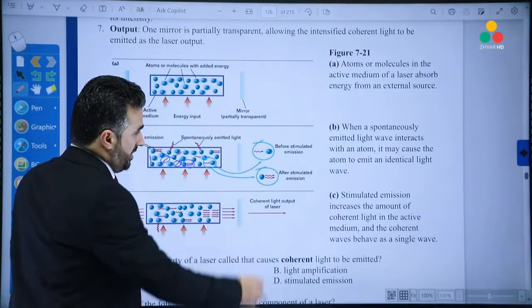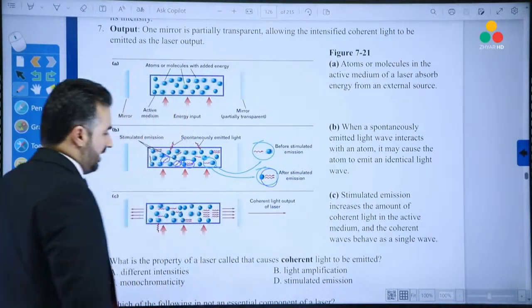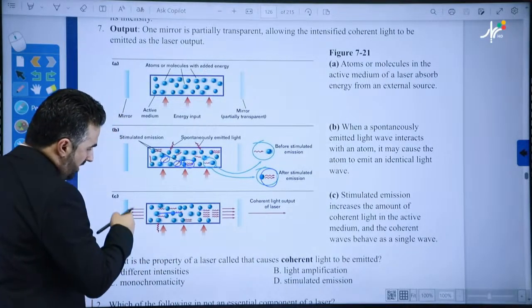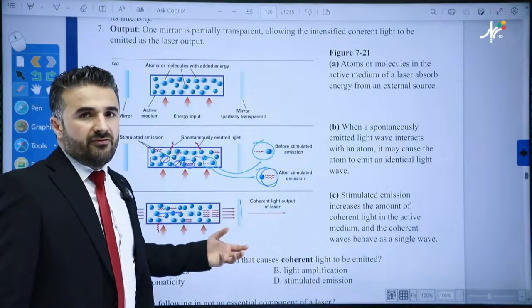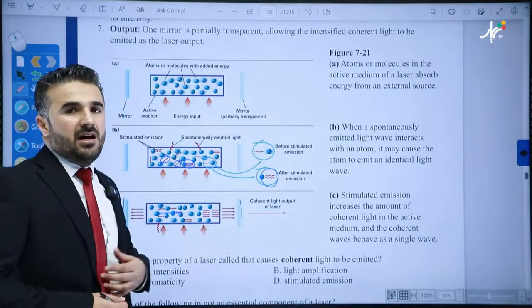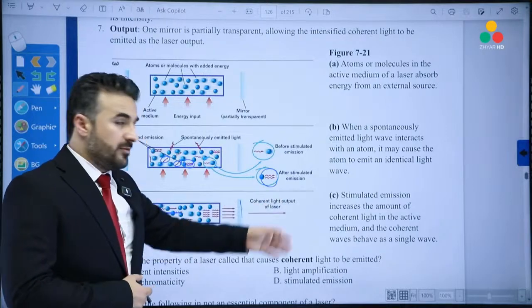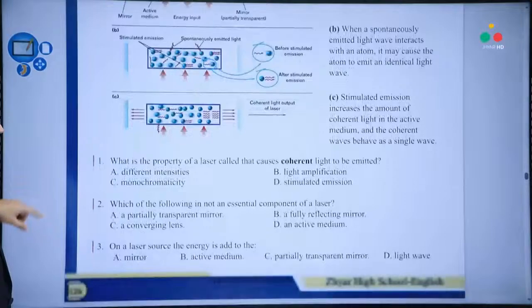As you can see, one goes into the atom and two come out. That is called stimulated emission. Then this process continues, back and forth. These are the mirrors. Once we have a high enough intensity beam of laser light, one of the mirrors allows the light to go out of the laser, and this is the light that you see.